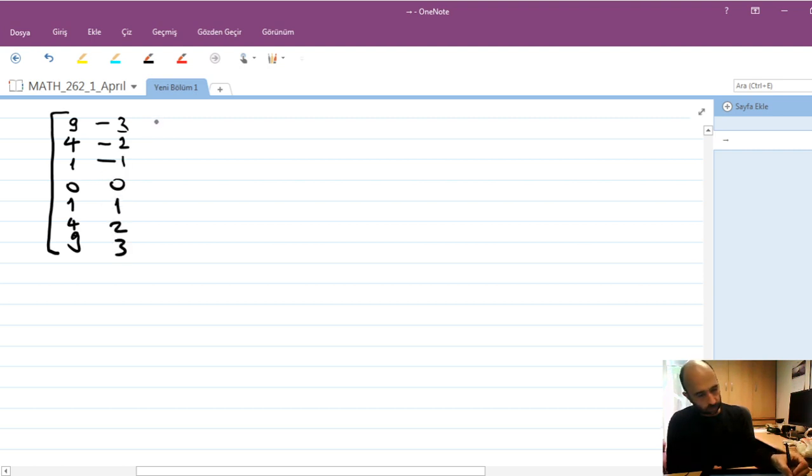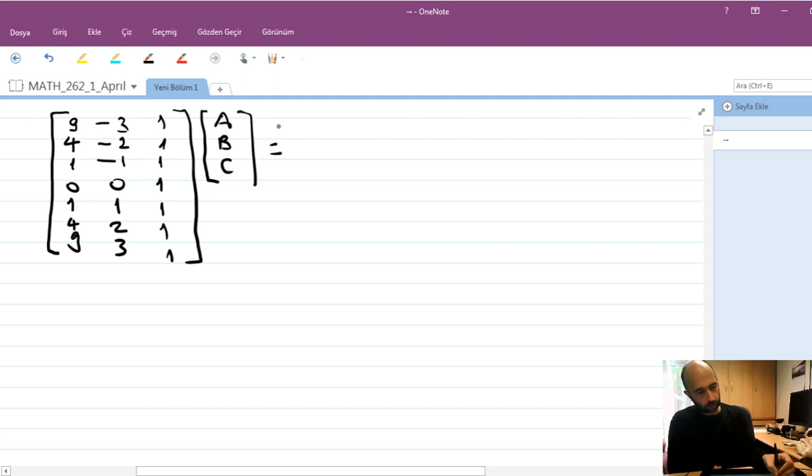And all ones here. So it's a 7 by 3 matrix. Your unknowns are A, B, C. And your right hand side is 8, 3, 0, 1, 3, 6, 15.